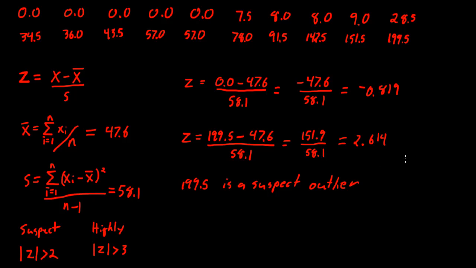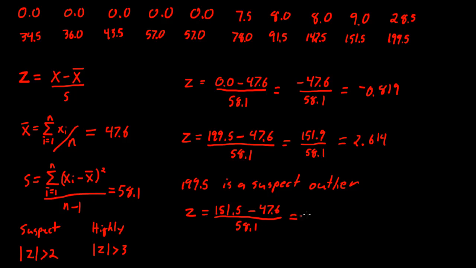So since 199.5 is a suspect outlier, we just keep working our way lower and lower in our data set, checking those subsequent values until we find something that isn't a suspect outlier. So to keep going, we're just going to check our 151.5. So we have z is equal to 151.5 minus our same 47.6 and divided by our sample standard deviation of 58.1.